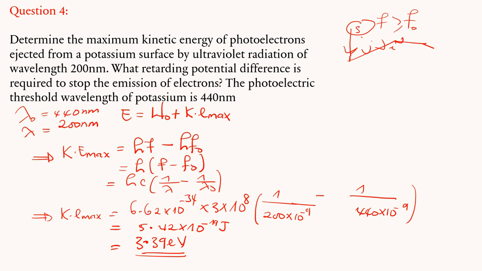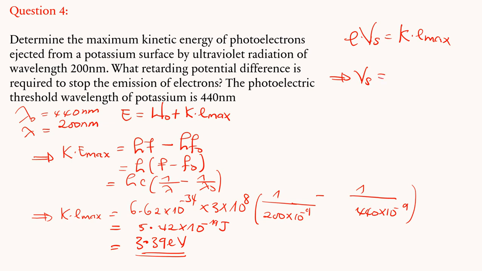So that's the maximum kinetic energy. Now we have to calculate the retarding or stopping potential. We saw that eVs is equal to the maximum kinetic energy. This implies that my stopping potential Vs will be KE max divided by e.